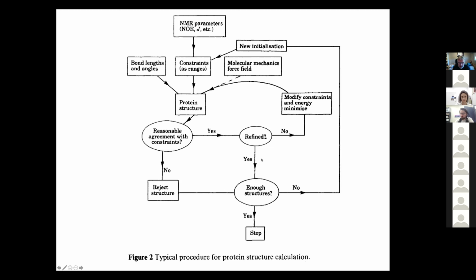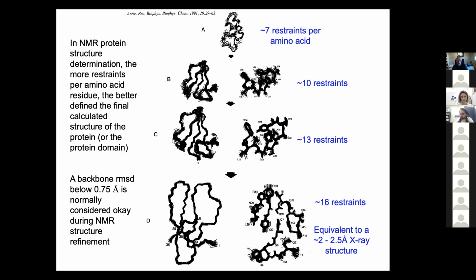And then it's refined enough. You've calculated 200 structures. You take the 20 lowest energy ones, and those you can deposit in the PDB, and then you're done. So there's a little bit of an iterative process, and it takes some time, but these are all standard software packages that guide you through the process if you work on this.